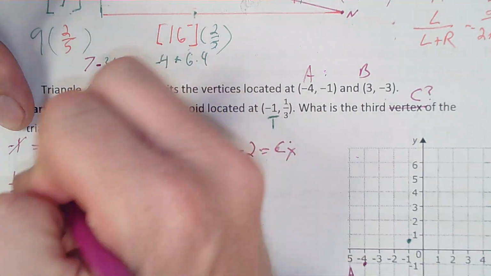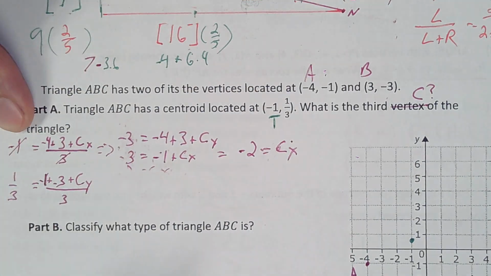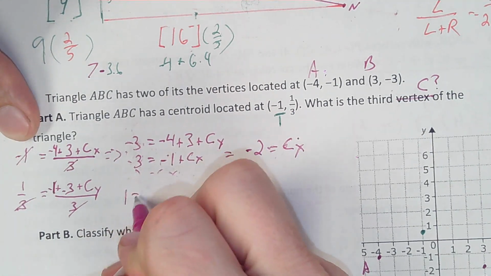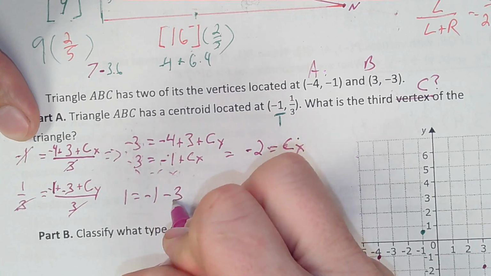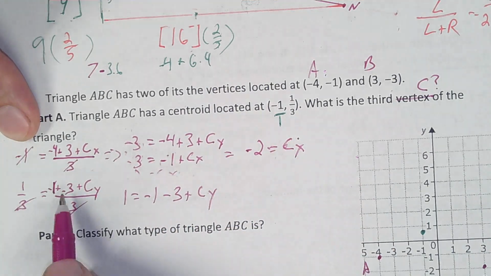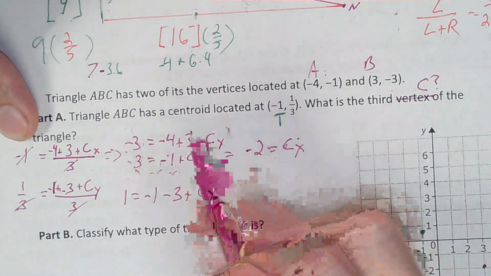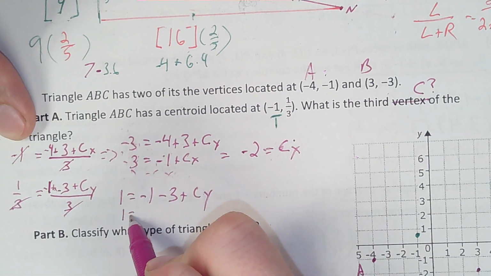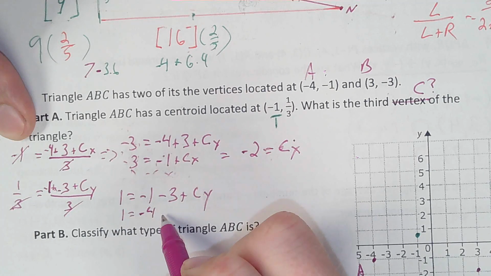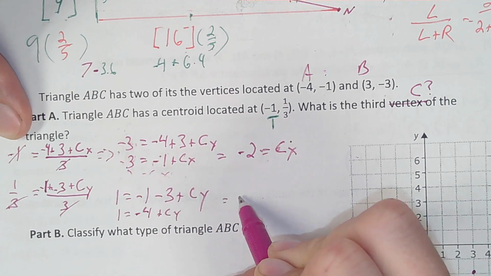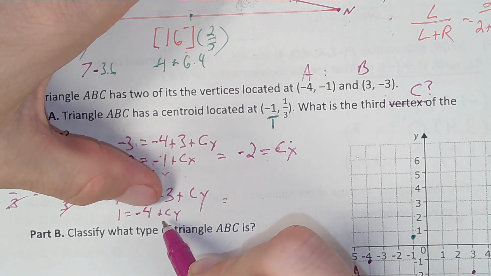All right, so anyway, then we have this thing, where they multiply both sides by 3, and you get 1 equals negative 1 minus 3 plus cy. The plus a negative is a negative, okay? So this is going to be 1 equals negative 4 plus cy.